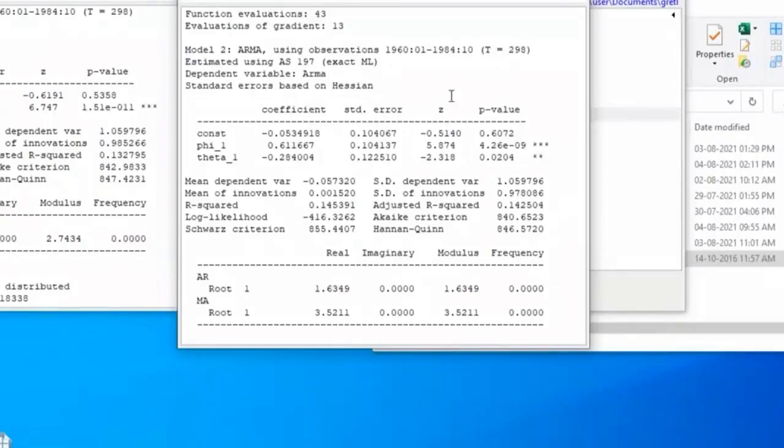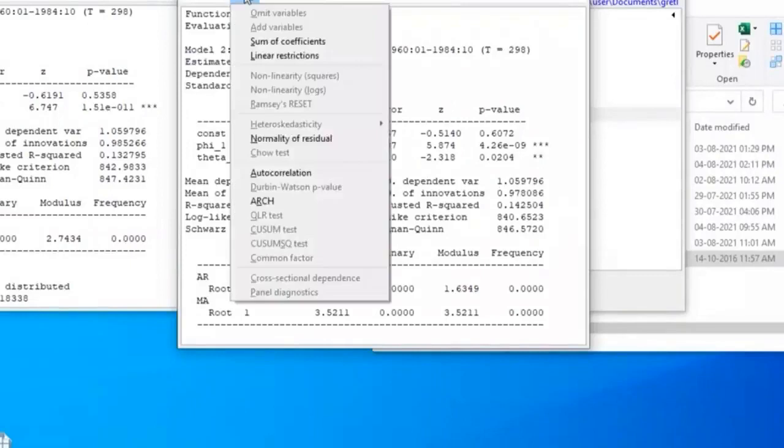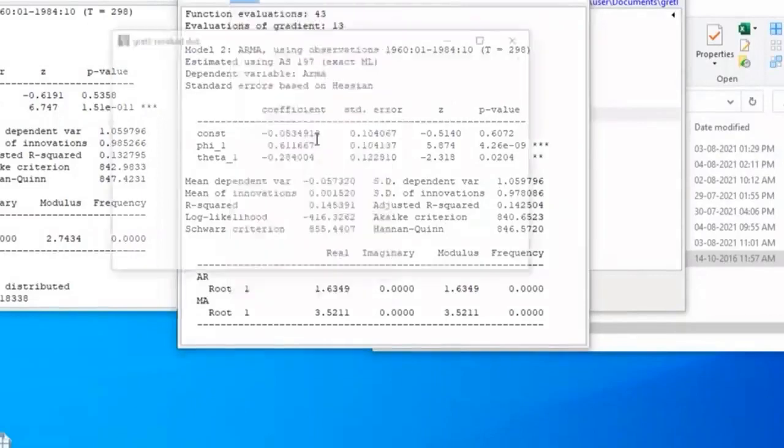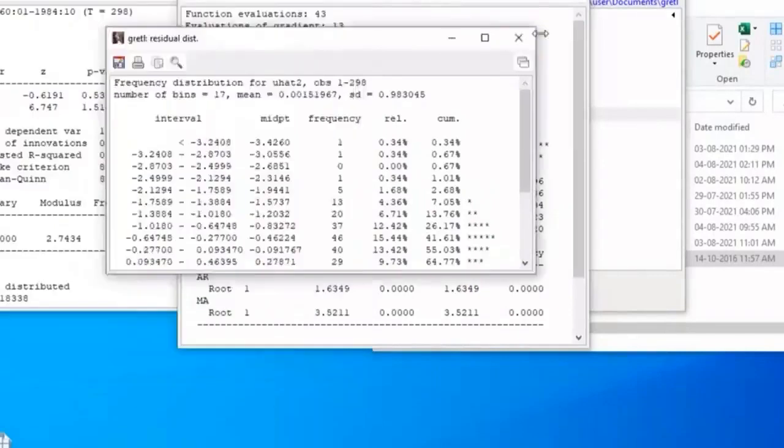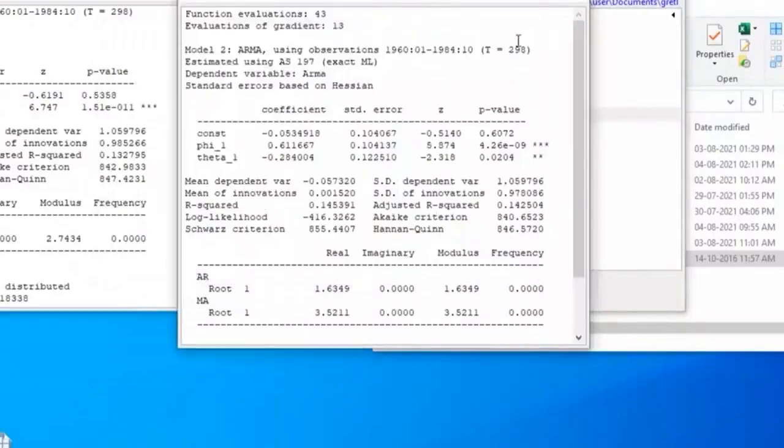Now, coming back to this, we find that this model is statistically significant. We have to see whether it is adequate or not. So we go to the test and do normality of residual. The p-value is 0.61, that is greater than 5%. So the normality assumption is satisfied.